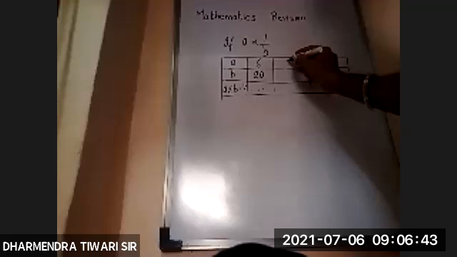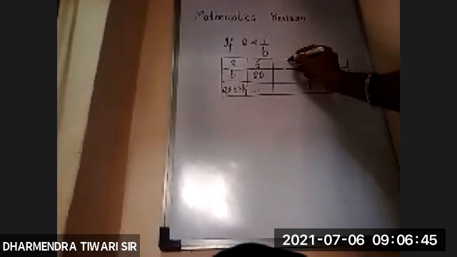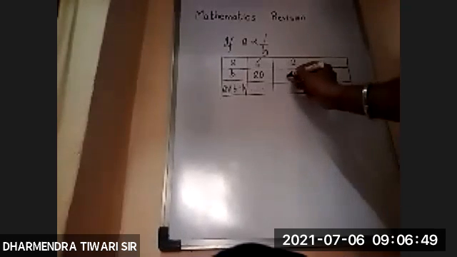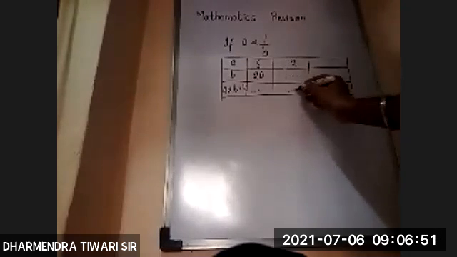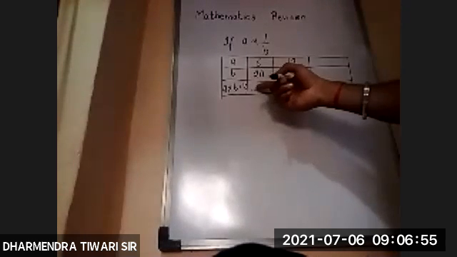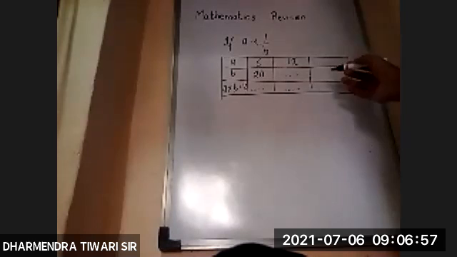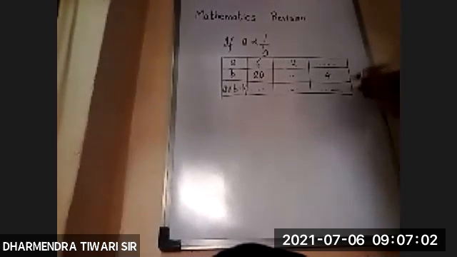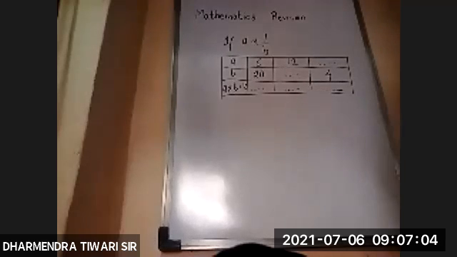Here we know the value of A, keeping two unknowns. Once you get the value of K, it will remain constant throughout. Once you know this value is unknown, this value is unknown.